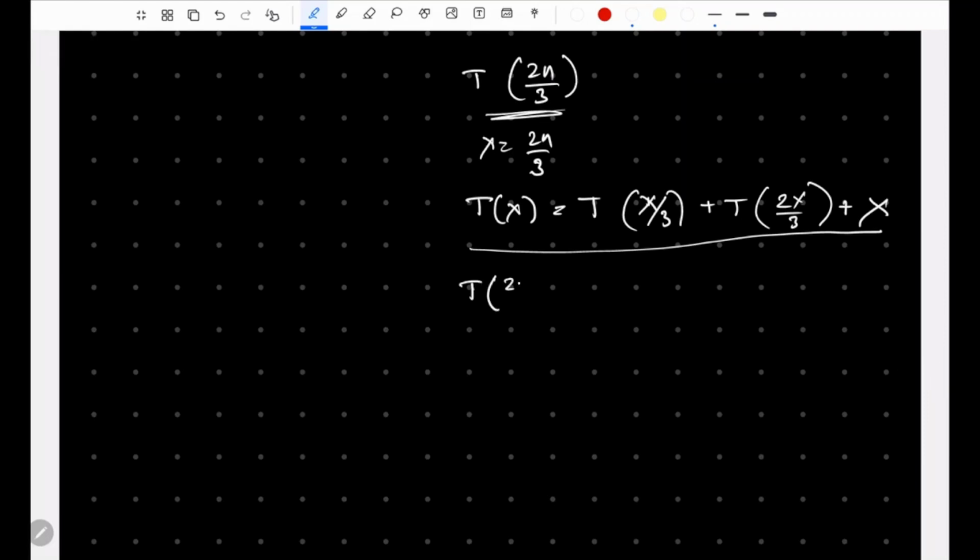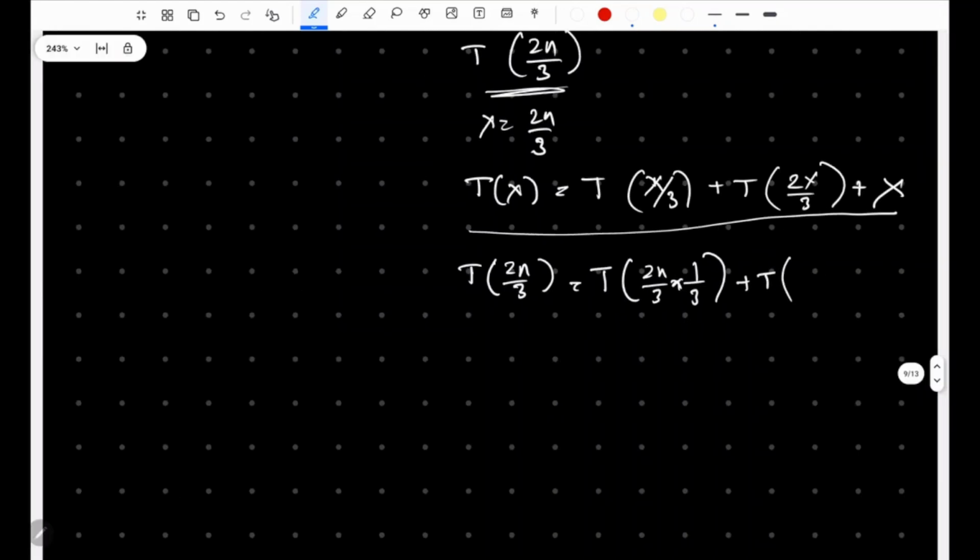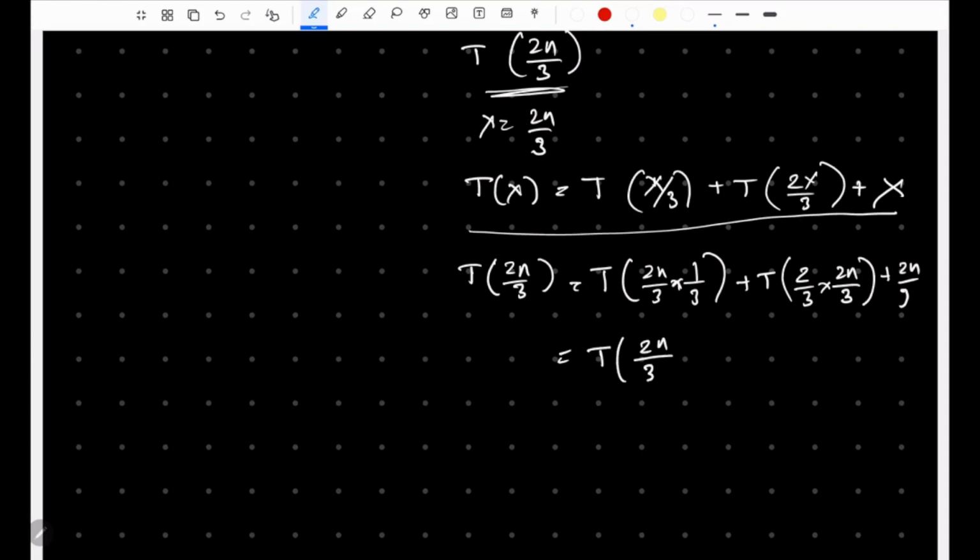So T of 2n by 3 is equal to T of x, which is T of 2n by 3 into 1 by 3 plus T of 2 by 3 into 2n by 3, plus x, which is 2n by 3. So what did I get? T of 2n by 3 square plus T of 2 square n by 3 plus 2n by 3.